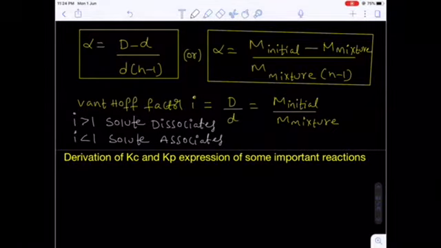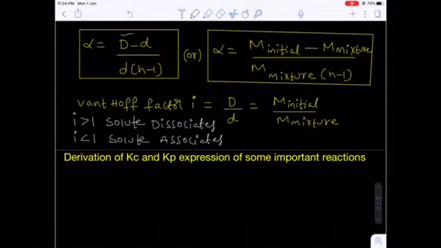Here, capital D is the initial vapor density, and small d is the vapor density at equilibrium. n is the number of moles of gaseous products obtained from 1 mole of gaseous reactant. The other formula is: molecular weight initial minus molecular weight of mixture, by molecular weight of mixture into (n minus 1).